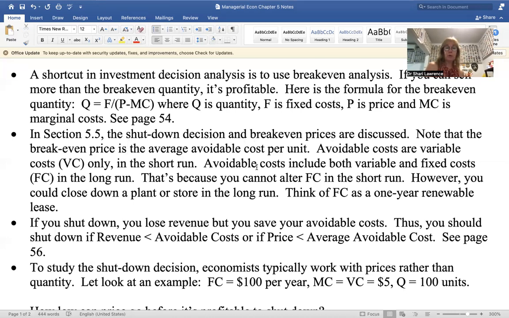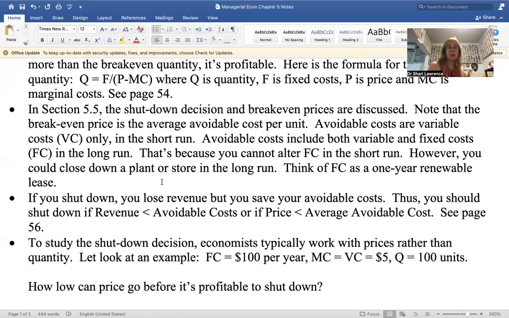In the long run, though, the avoidable costs include both the variable costs and the fixed costs. That's because you can't alter these fixed costs in the short run, but in the long run, you could close down a store or a plant. An easy way to think of your fixed cost is as a one-year renewable lease. You're stuck leasing a store or property for a year, so that's a fixed cost that is only avoidable in the long run.